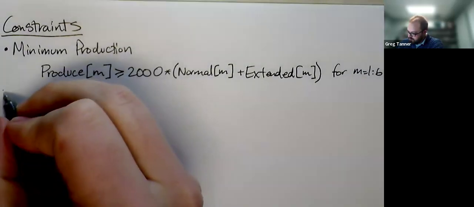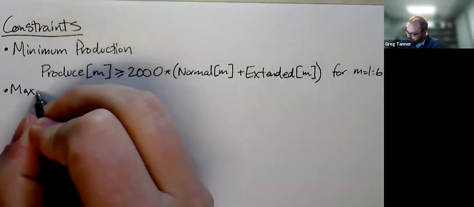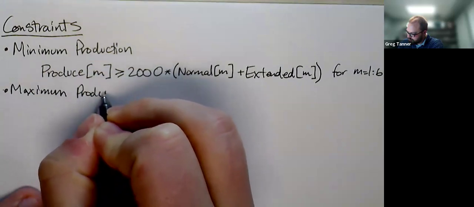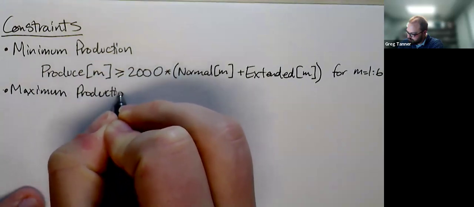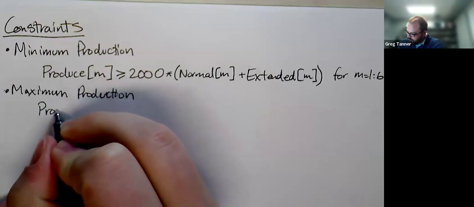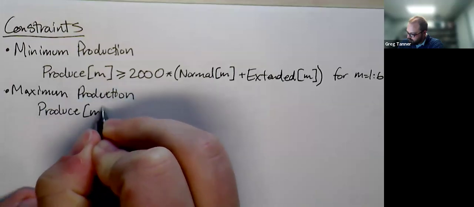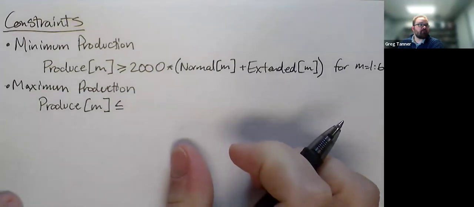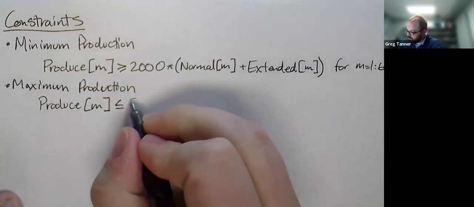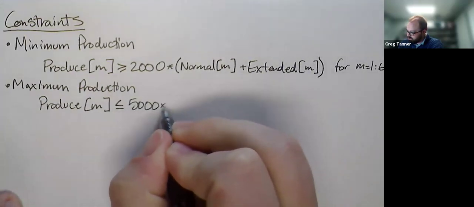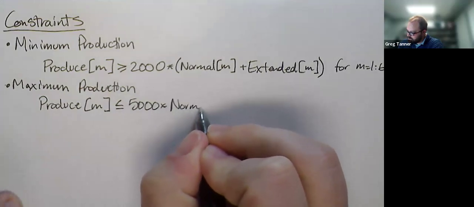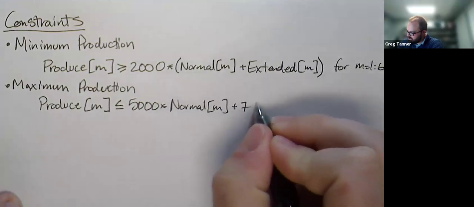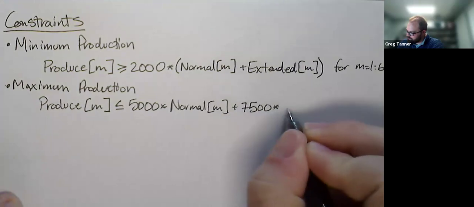Okay. Now we can think about maximum production. So that maximum production will be 5,000 if there's a normal shift. And so we can do 5,000 times normal shift plus, and it's 7,500 if it's an extended shift.